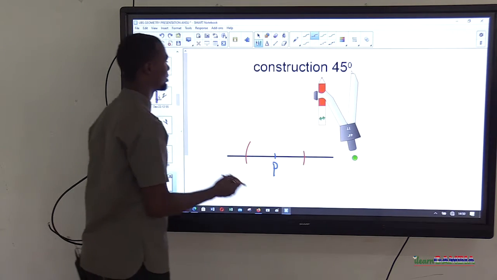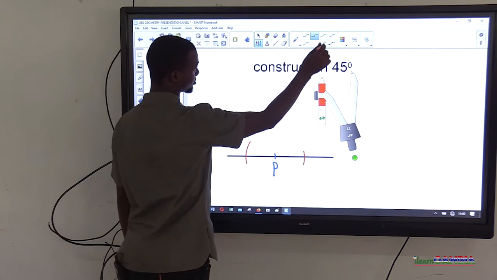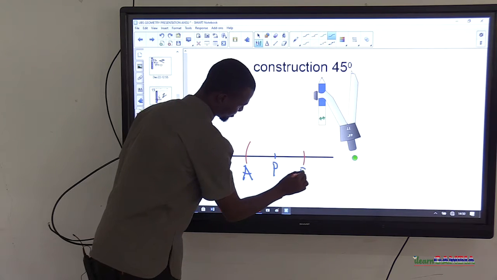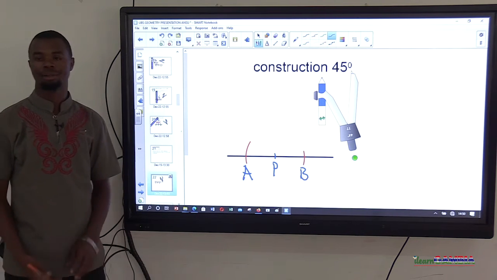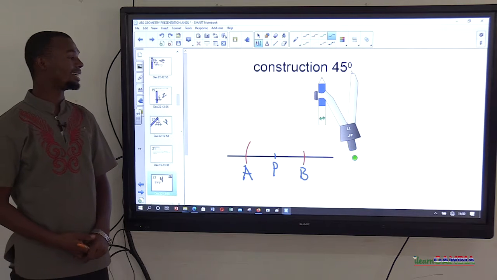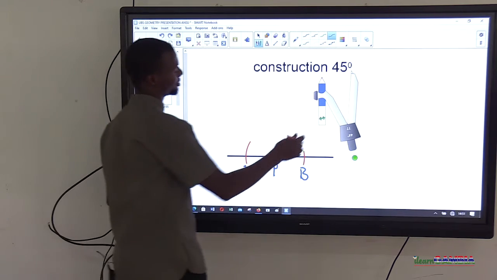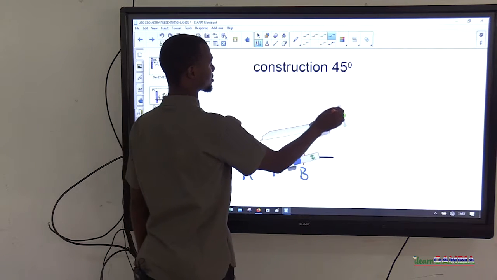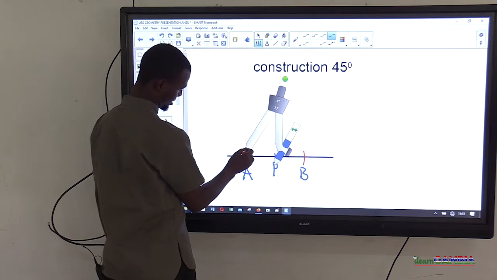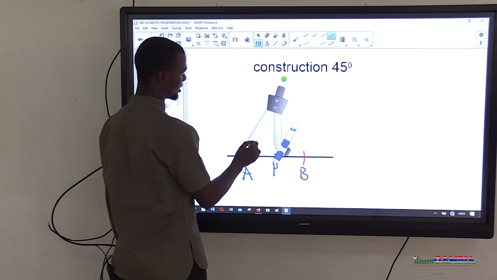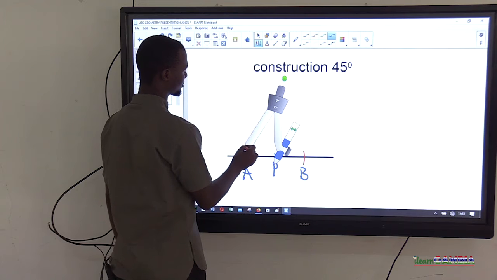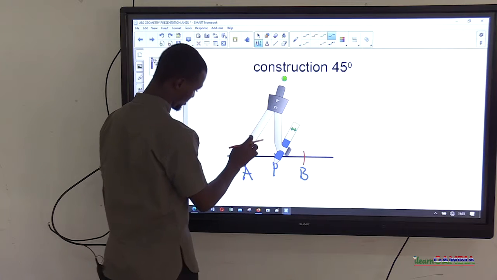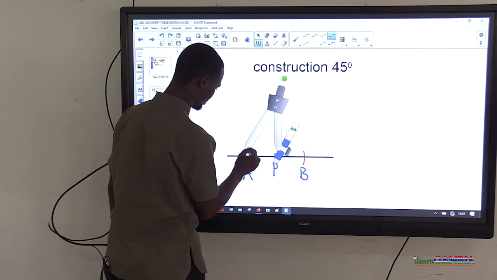And the points where the arc cuts the line, we name them A, B. With A as center, we arc above or below the line, depending on where you want your 90 degrees to fall.